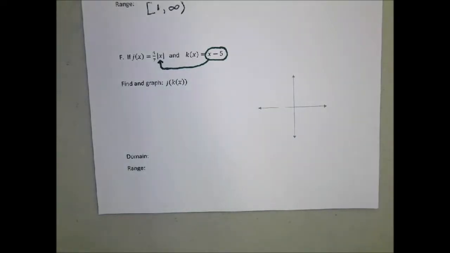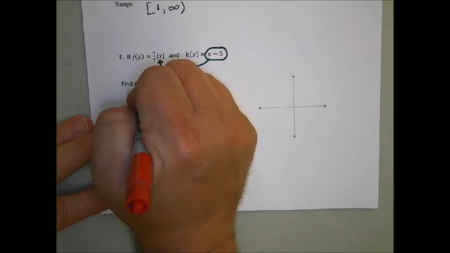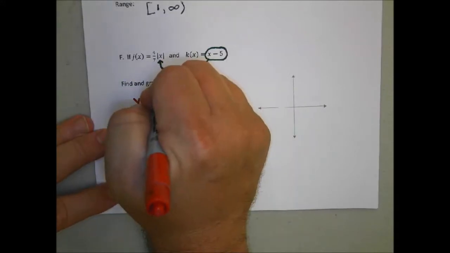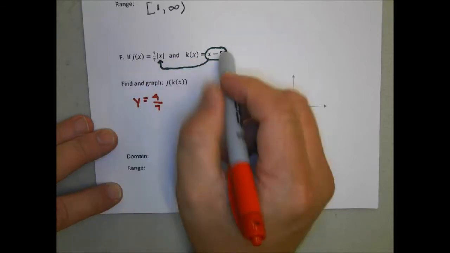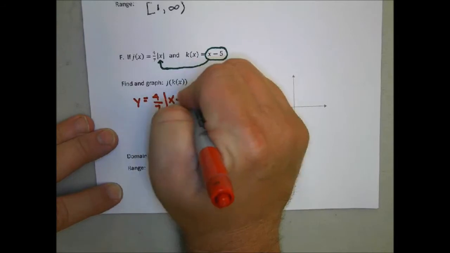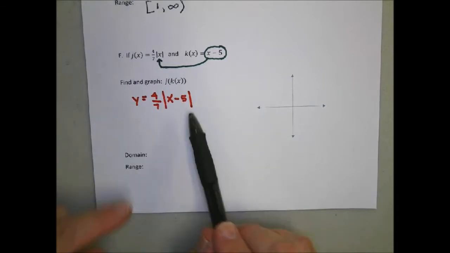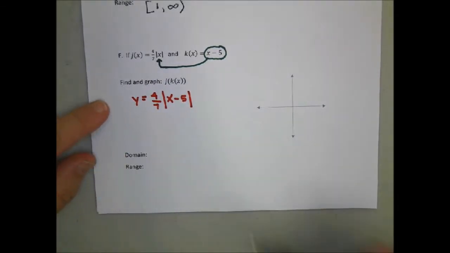So what we end up with is an equation that says this: y equals 4/7 x minus 5. And there's nothing after this. So this is an absolute value graph.